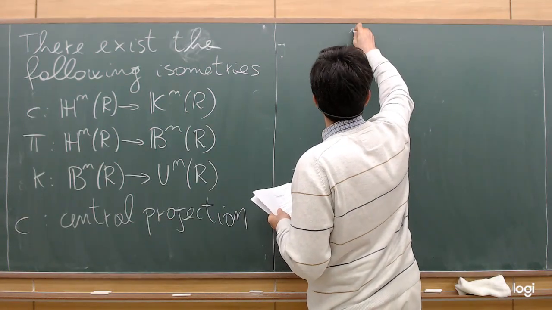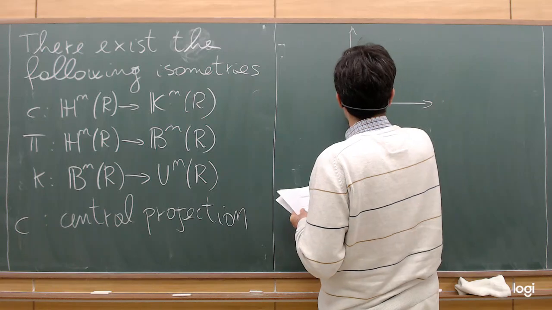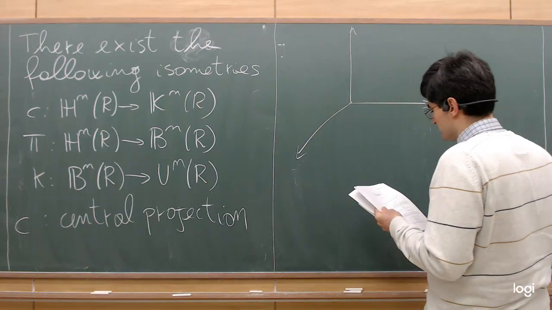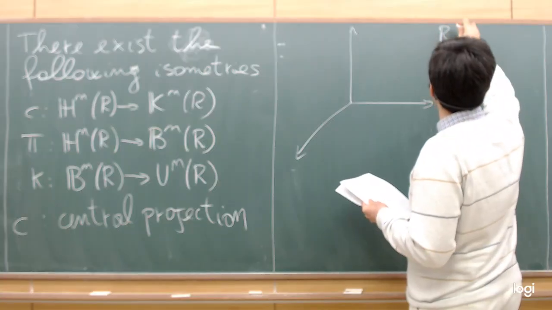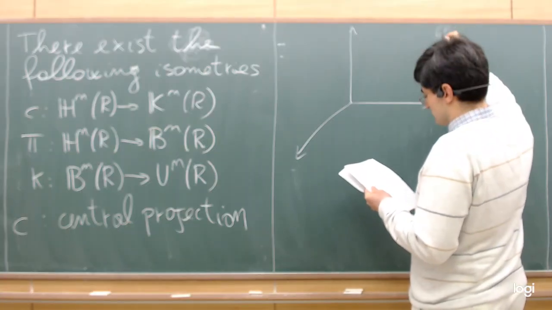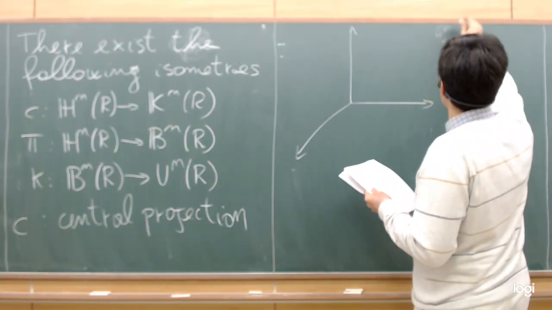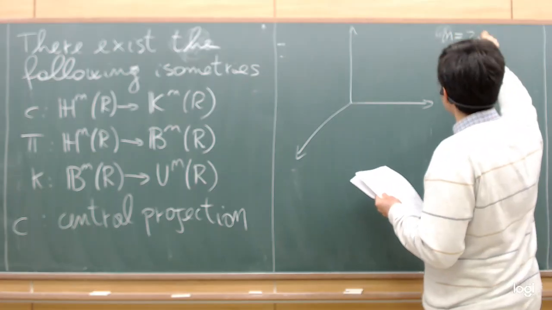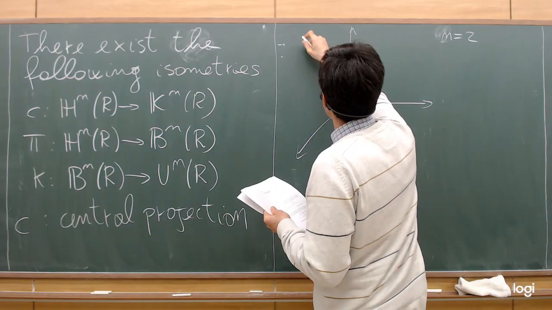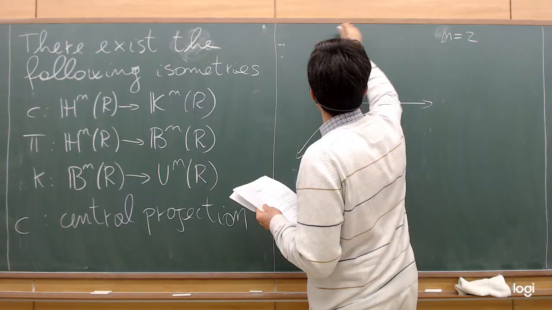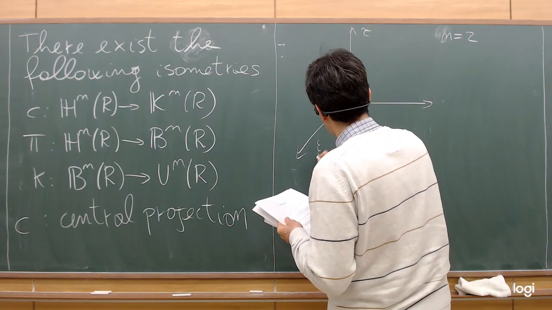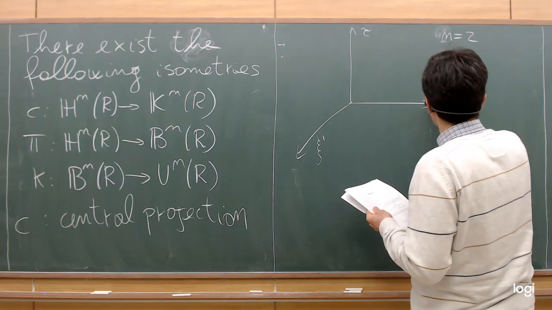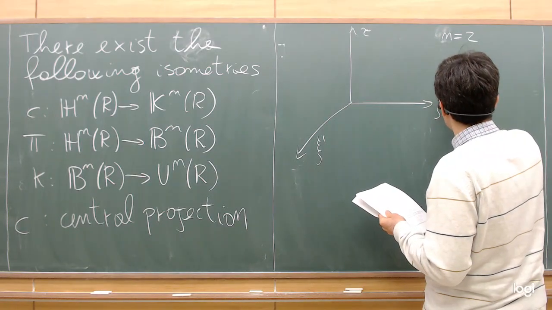Suppose that we work with n equal 2, so I can make a picture precisely. This is tau, this is xi_1, and this is xi_2.